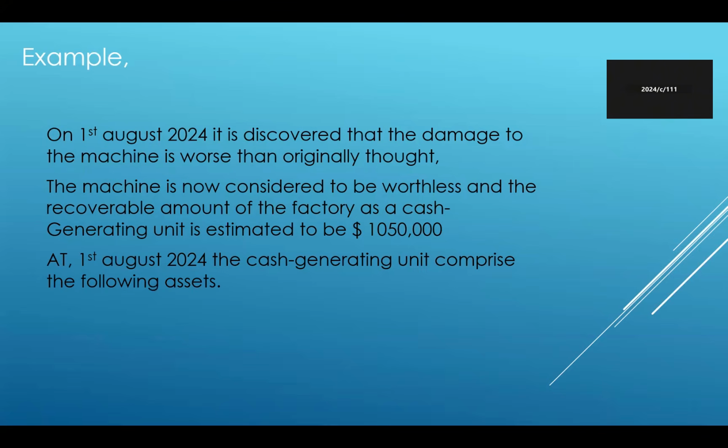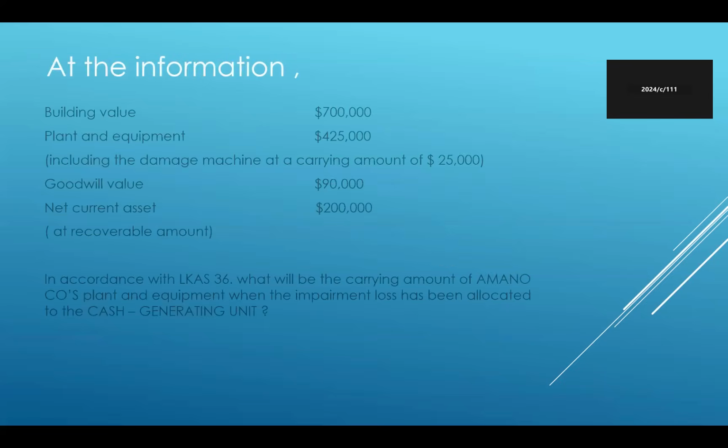At 1st of August 2024, the cash generating unit comprises the following assets: building 700,000, plant and equipment 225,000, including the machine at a carrying amount of 25,000, goodwill 19,000, net current assets 200,000, included in the recoverable amount.